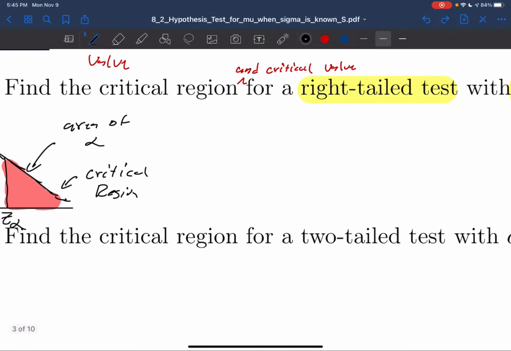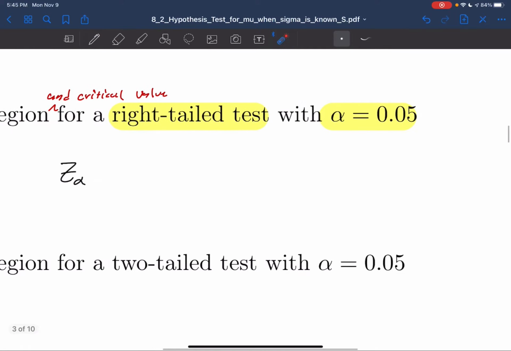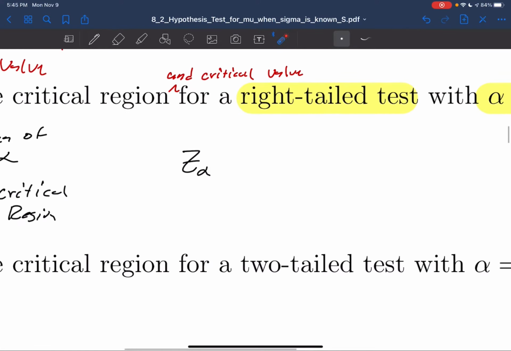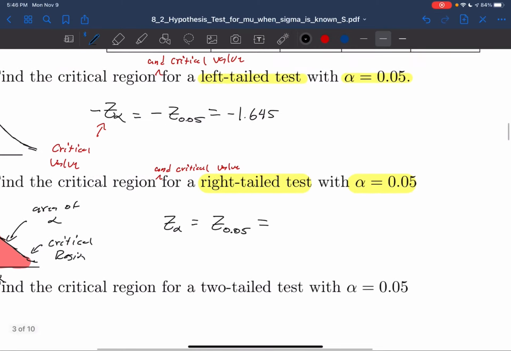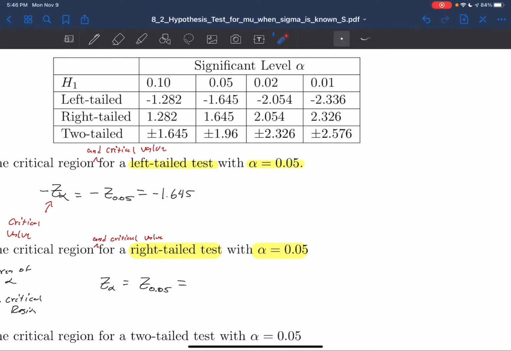Okay, so how do we find this value, positive z of alpha? Since we already know alpha is 0.05, we could just plug it in. So this is equal to z of 0.05. What we could do is use the chart. Since we're dealing with a significant level alpha of 0.05, we look at this column.